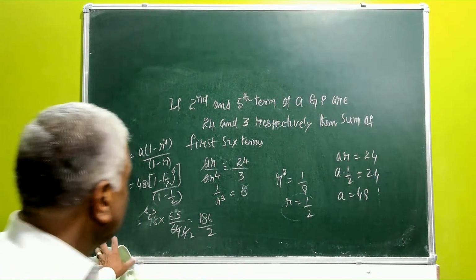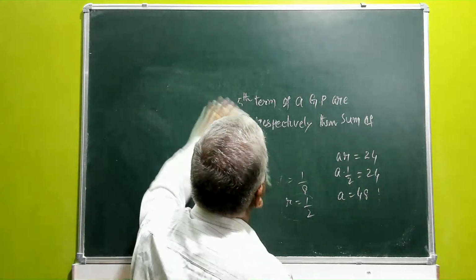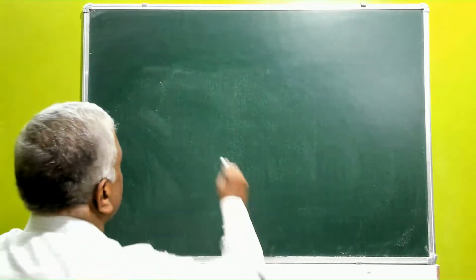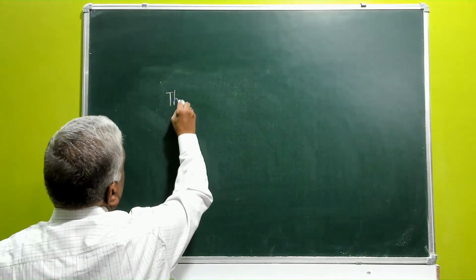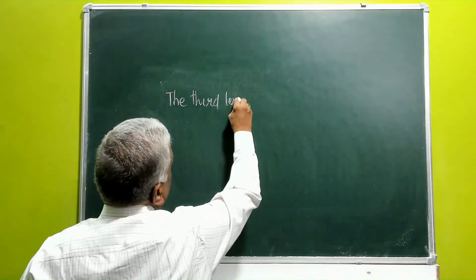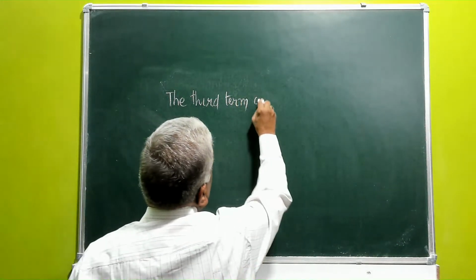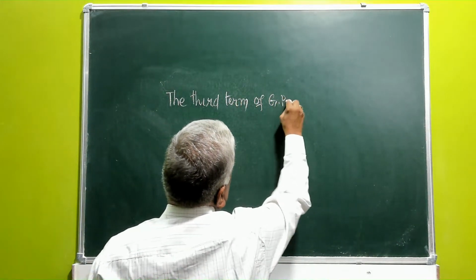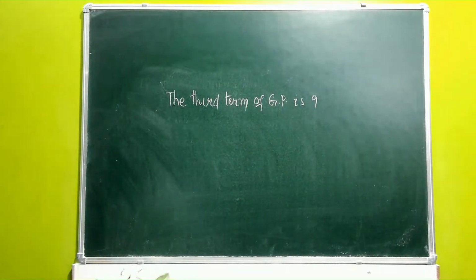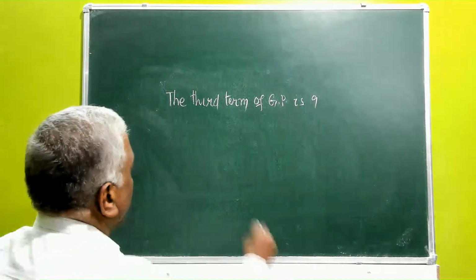There's another problem of the same type. The third term of a GP is 9. Find the product of its first 5 terms.